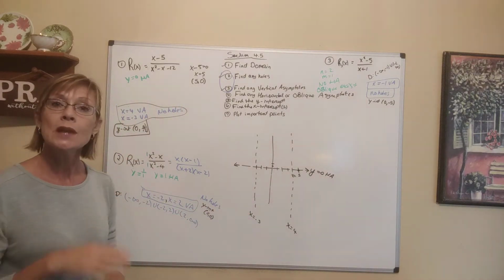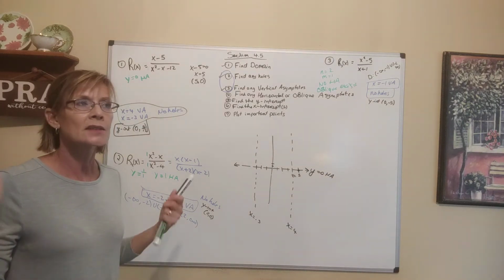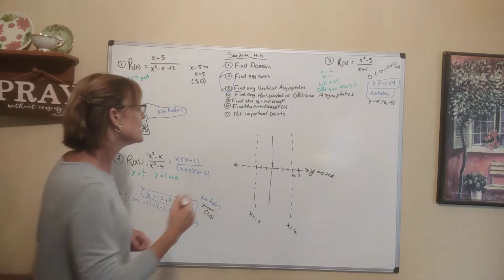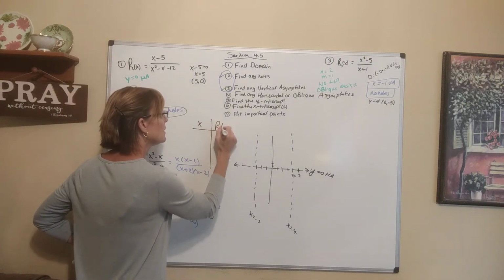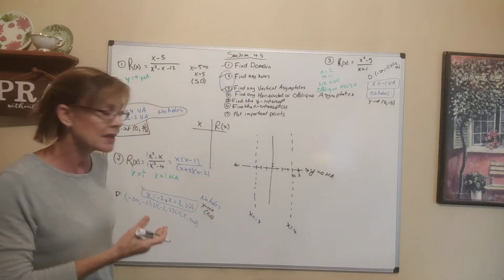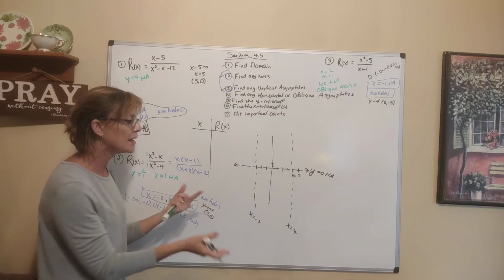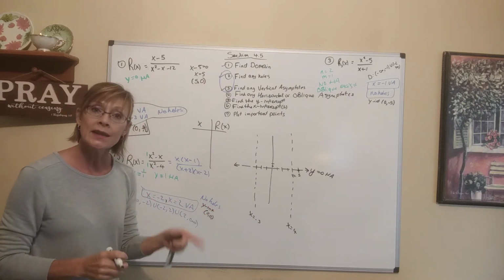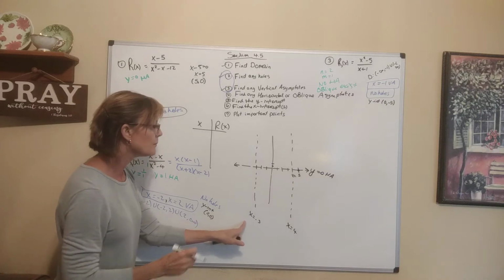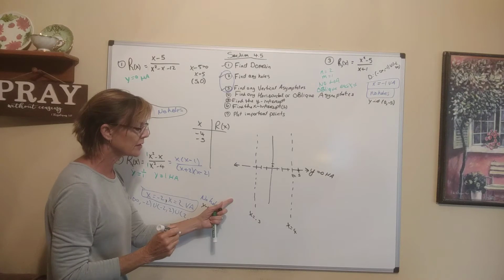Then what I would do is plot some interesting points. I'm going to use my graphing calculator because it's fast and convenient. If I wasn't allowed to use my graphing calculator, I would just use my brain and plug in all these x values. Interesting points are anything to the left or right of a vertical asymptote or an intercept. So I want something like maybe negative 4 and negative 5 on the left side of negative 3.